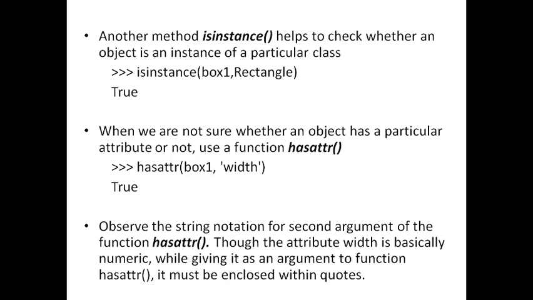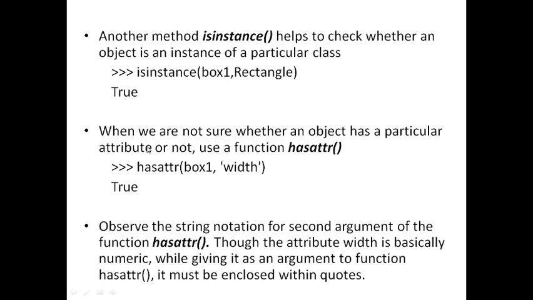You just have to mention the object name, comma, class name as parameters. isinstance(box1, Rectangle), you check this, then it returns True if this particular object is an object of this class, otherwise it returns False.